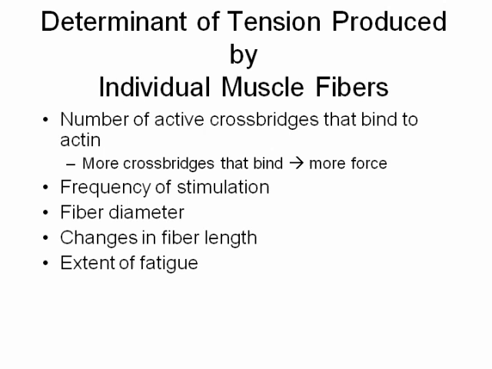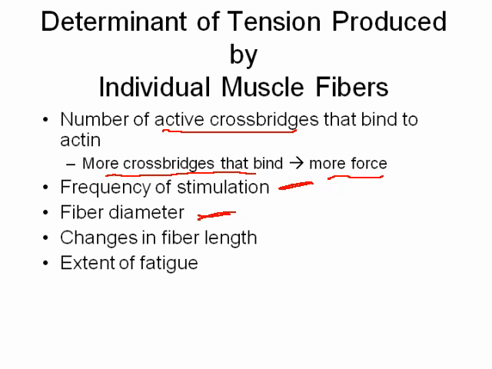So how do we determine the tension produced by individual muscle fibers? Well, the number of active cross bridges, and the more cross bridges, obviously, the greater the force. The number of cross bridges that are formed depends upon the frequency of stimulation. That is, in the natural state, what is the frequency of action potentials coming in for the motor neuron? What's the diameter of the muscle fiber, of the muscle cell itself? Obviously, a muscle fiber with greater diameter is going to generate more tension.